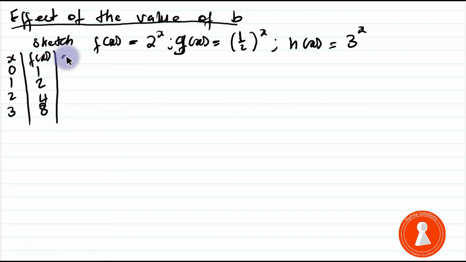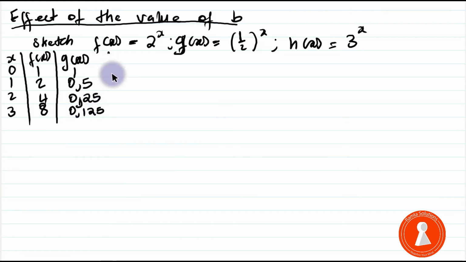Now let's try g of x. G of x, 2 to the 0 is 1, and then 2 to the 1, sorry, is 0.5. Now 2 to the 2 is a quarter, and then 2 to the 3 is 0.125.